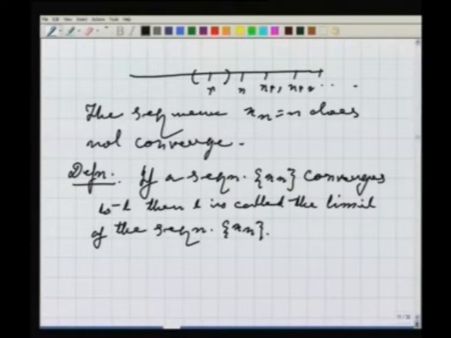Here what is interesting is the word "the" limit. Do I really know that there exists only one real number where a sequence can converge?